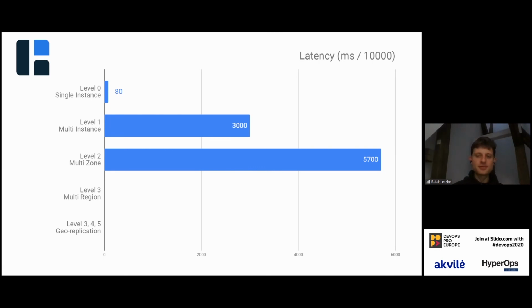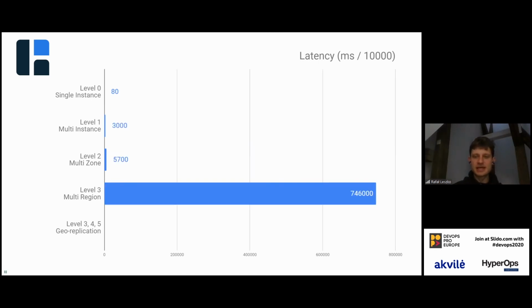So I did this experiment yesterday on AWS, and that was the latency for multi-region. It was way higher than multi-zone, more than 100 times more. And as you can see, this latency is not acceptable. It's usually useless.